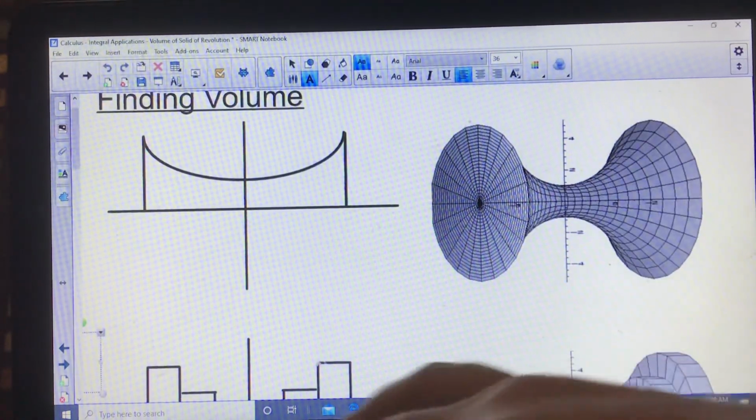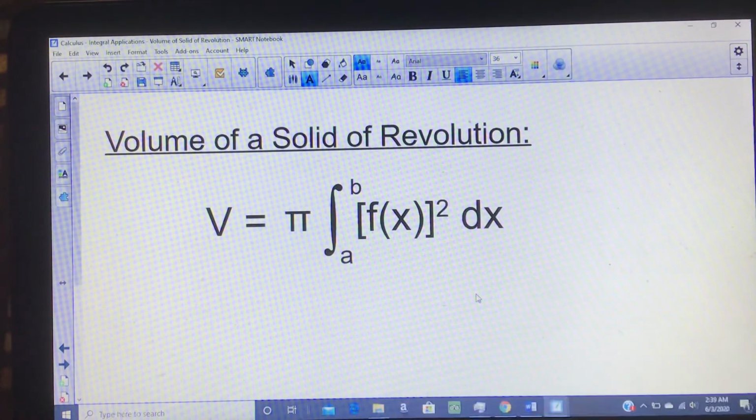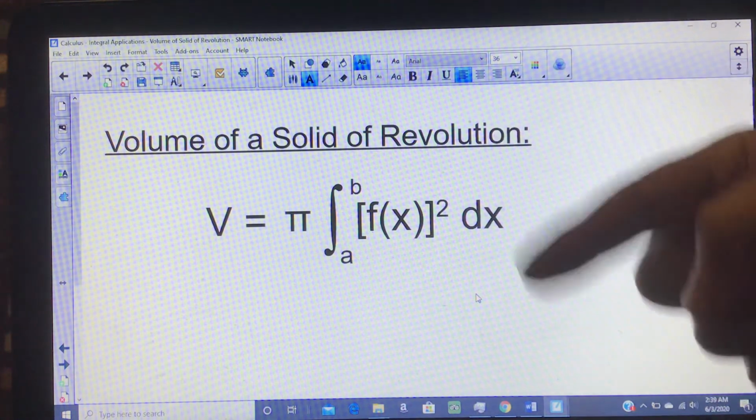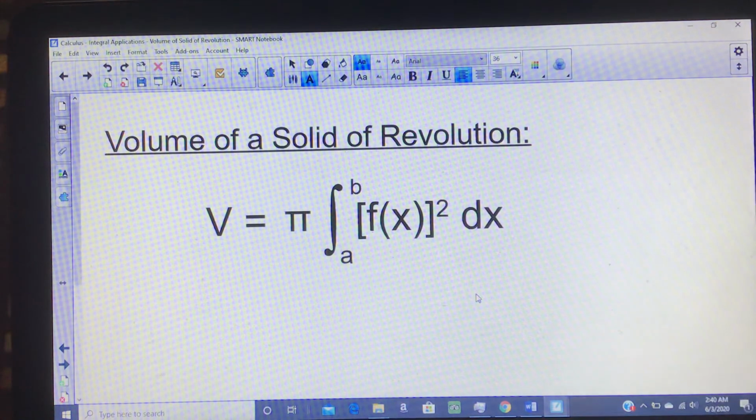So here's the formula. The technical stuff's over, so you can be happy. If you want the volume of a solid of revolution, and I'm keeping this quote-unquote simple, you can revolve around any kind of line, but this is specifically for revolving around the x-axis.